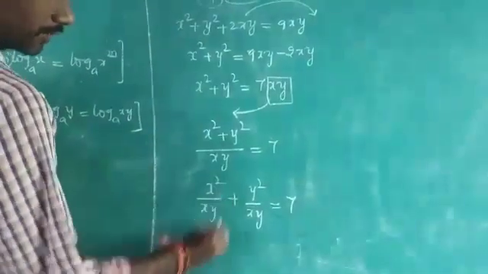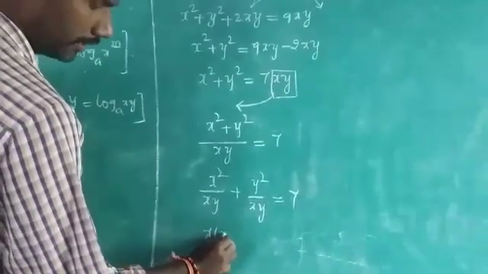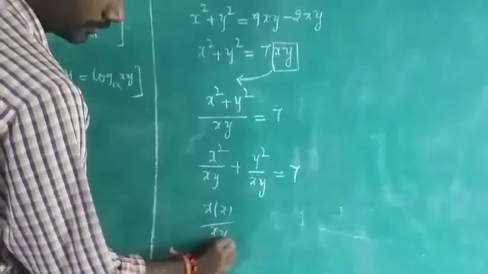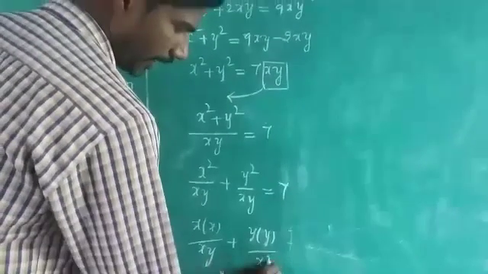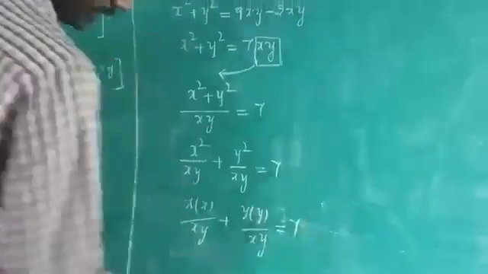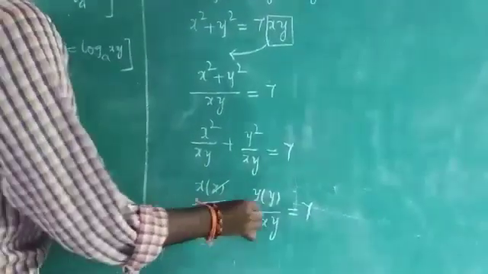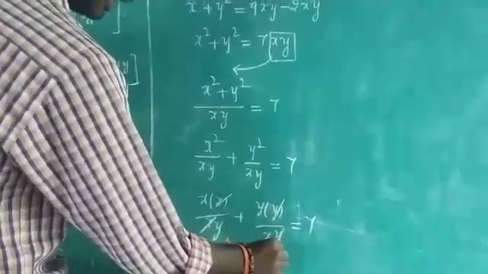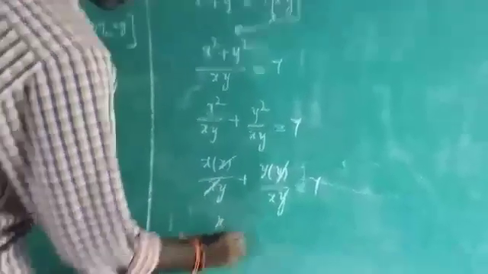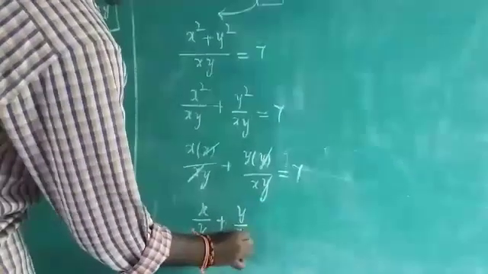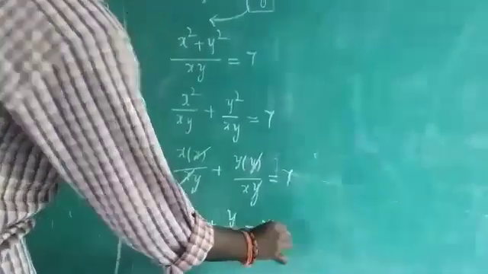See, this x square is nothing but you can write it as x into x by xy plus y into y by xy is equal to 7. So x cancels with x, y cancels with y. So x by y plus y by x is equal to 7.